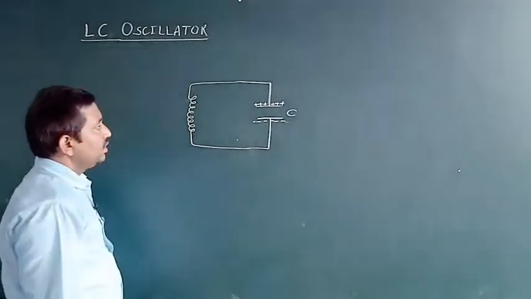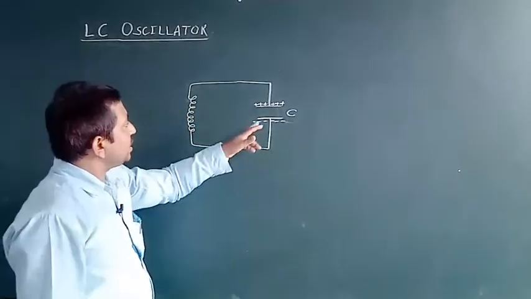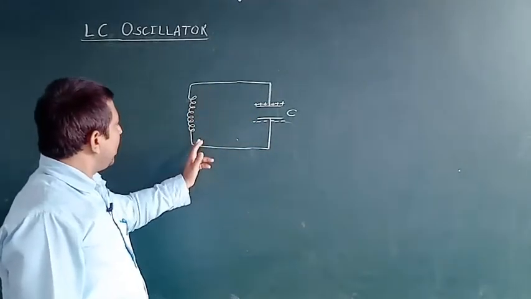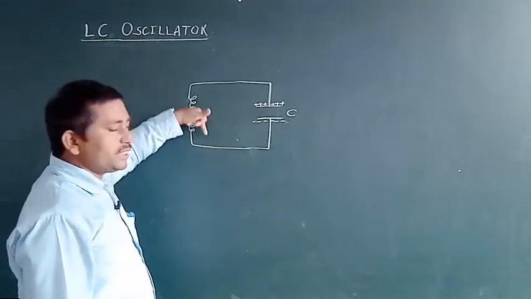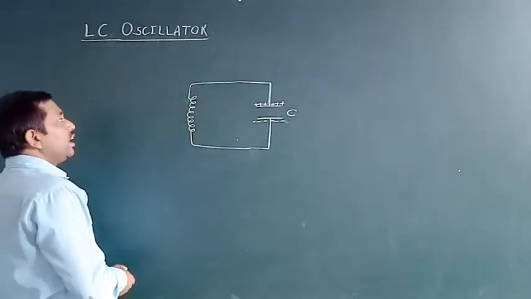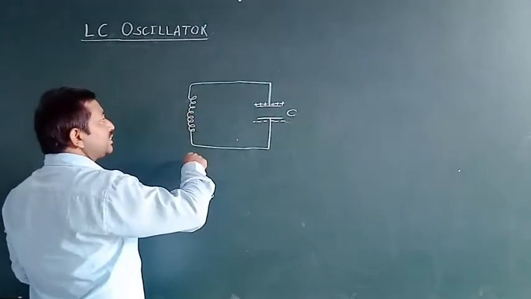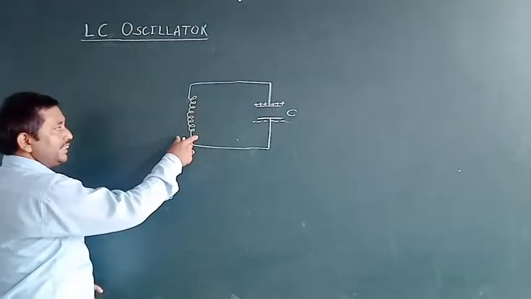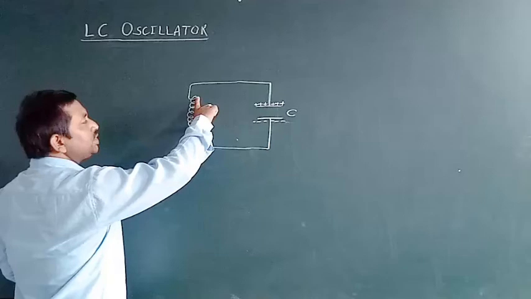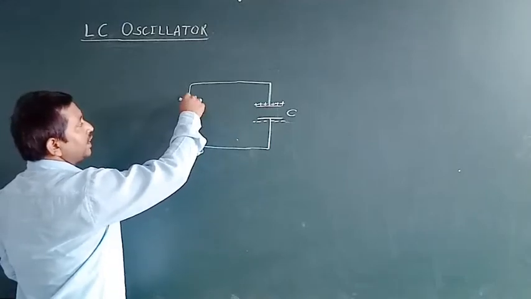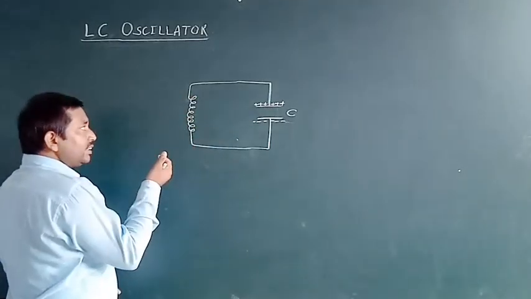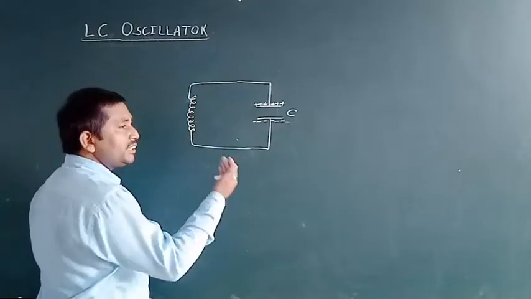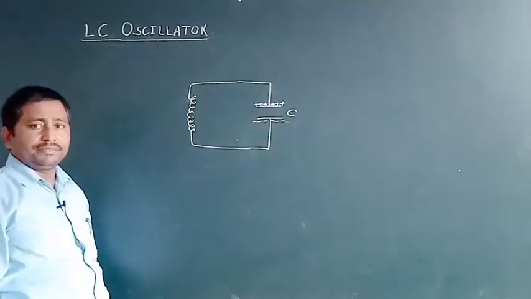then as this capacitor is connected to this inductor, the inductor allows current to flow through itself. When the current starts flowing through the inductor, an induced EMF is produced across the inductor, and that induced EMF opposes the increment in the current flowing through the inductor.